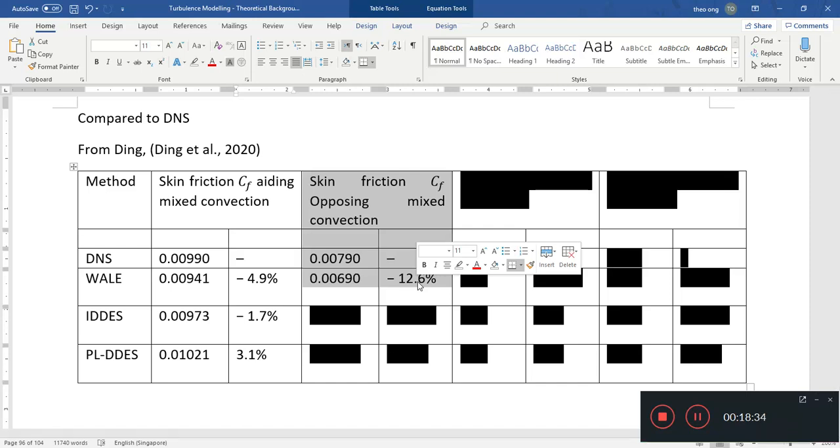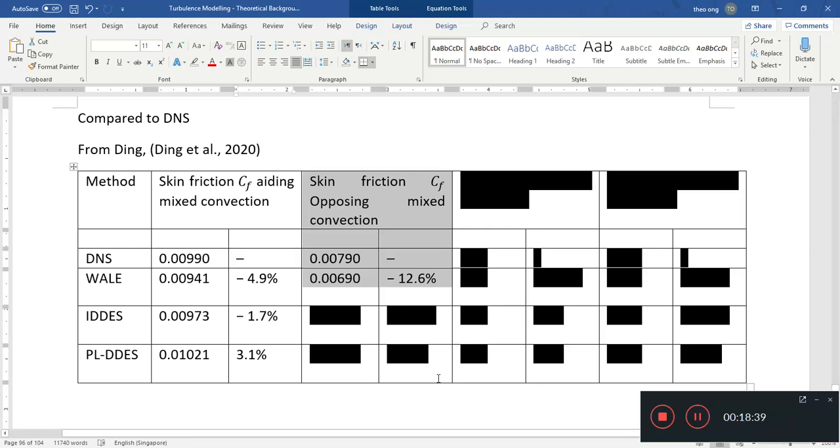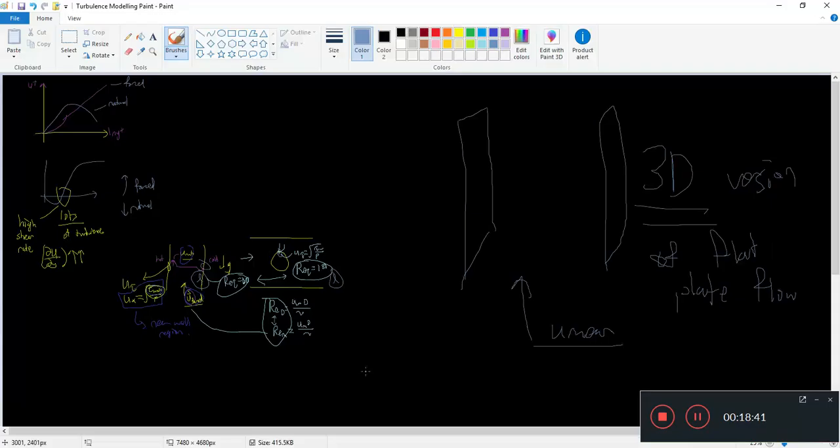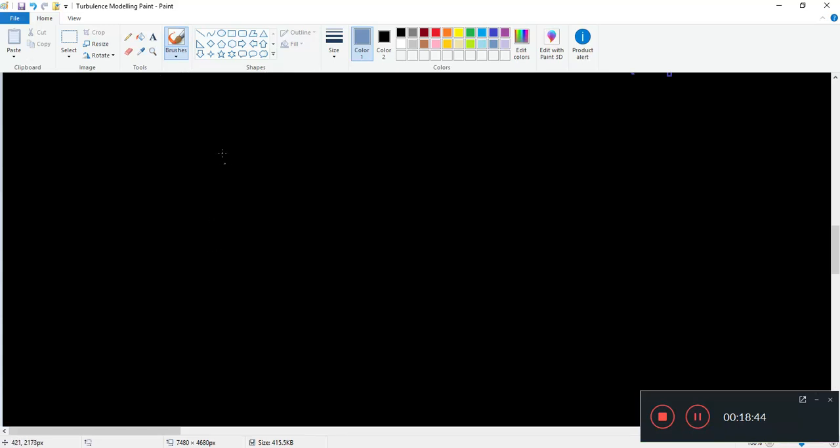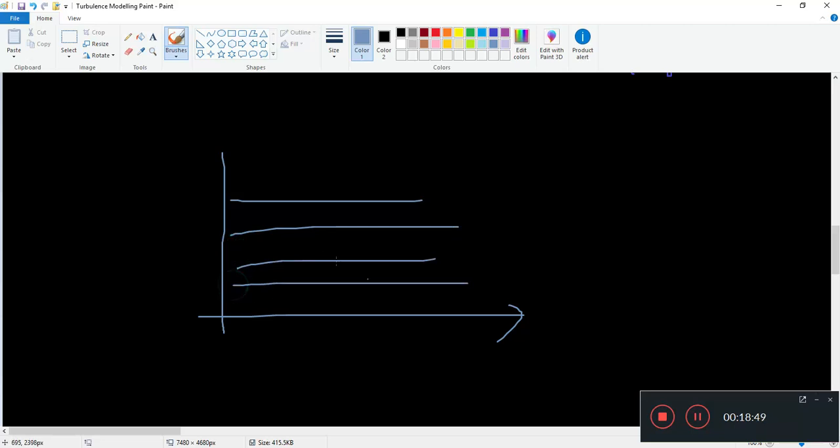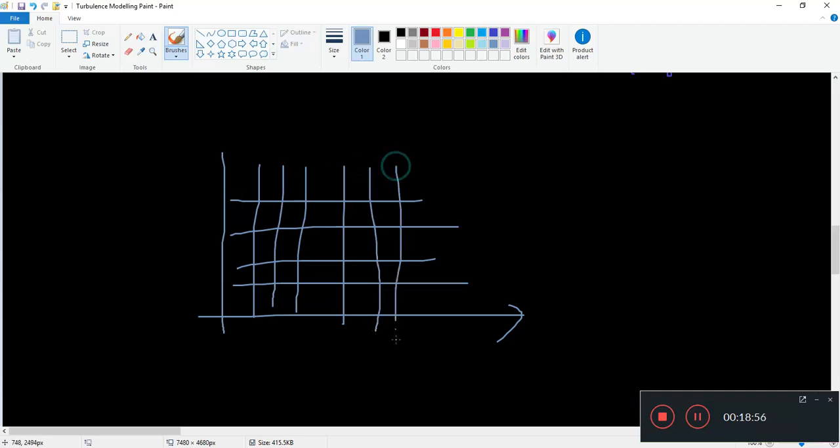If you do forced convection or aiding mixed convection, where the mean flow and the natural convection are going the same way, you don't generate a lot of extra turbulence. So you can use a certain mesh size for aiding mixed convection.